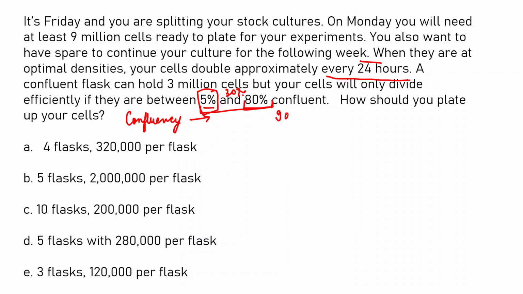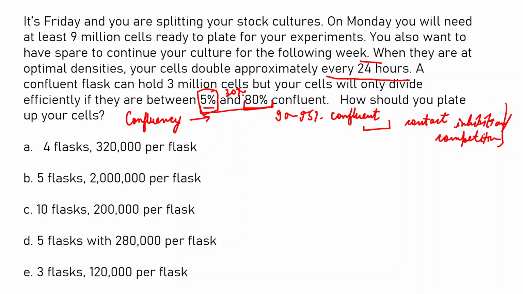If your cells are 90 to 95% confluent, you'll feel that they will reach confluency faster and you can plate more cells. But what will happen is, because of contact inhibition or competition for nutrients, you will see a high percentage of cell death.